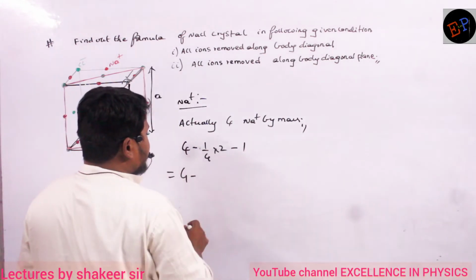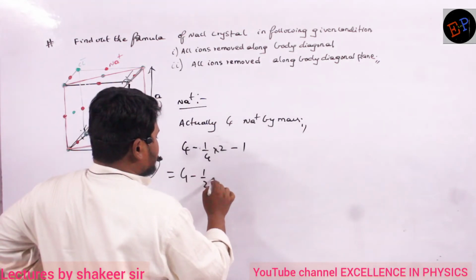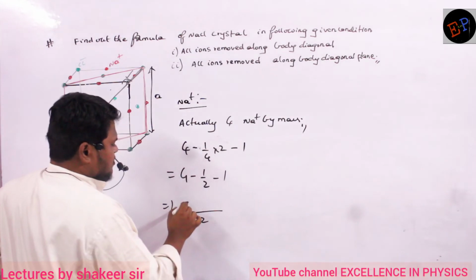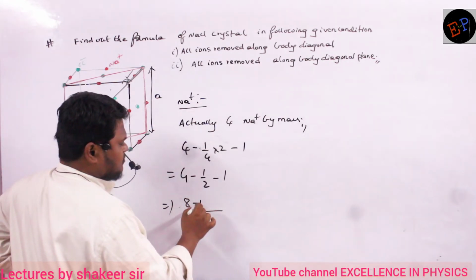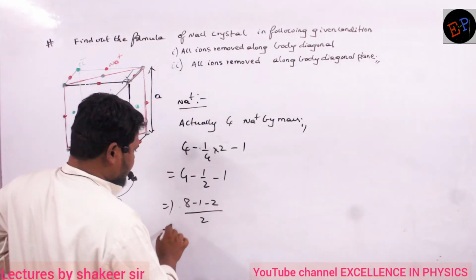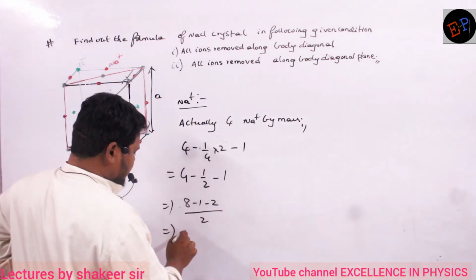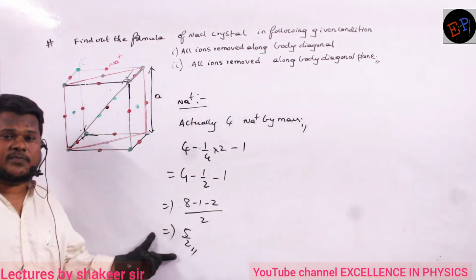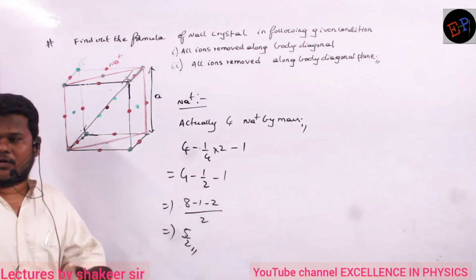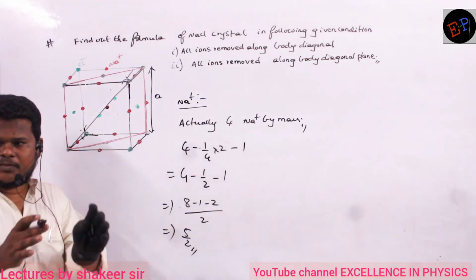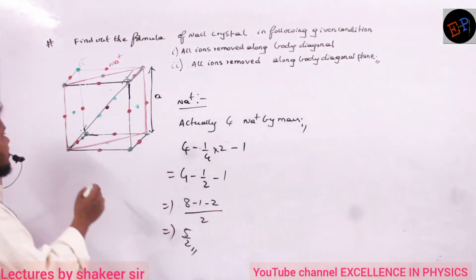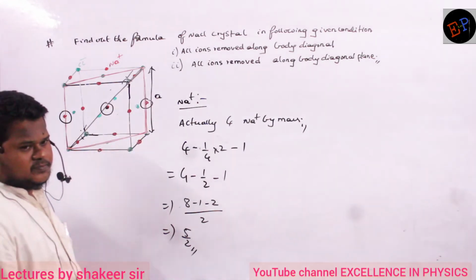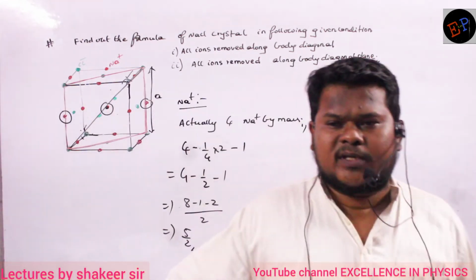So therefore 4 minus 1/2 minus 1. Take LCM, 2. So 8 minus 1 minus 2. So total how much? 5 by 2, no? 5 by 2. So this is the number of Na plus present by mass after removing all the ions touching the body diagonal. Understood, no? See which ones are touching: this one, this one, and this one. So we are removing 3 according to their contributions.